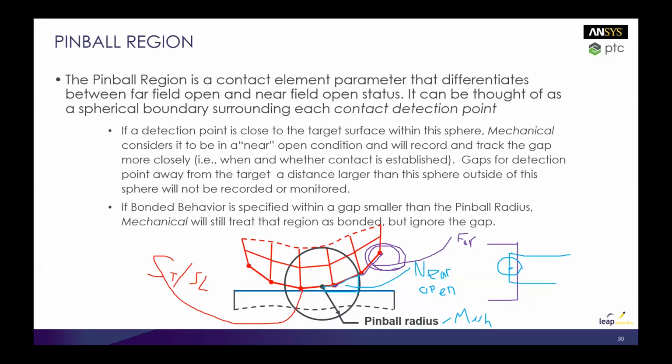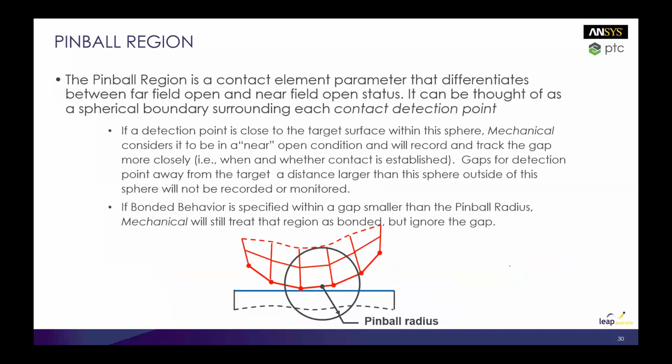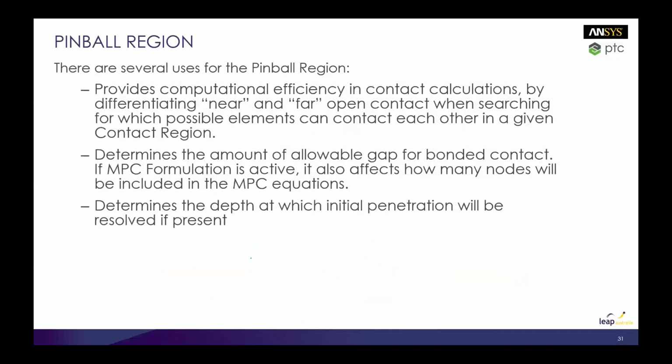Like all things in FEA, there's a balancing act. If your pinball regions are too big, the solver spends a lot of time searching for possible contacts. If it's too small, it may not detect contacts.